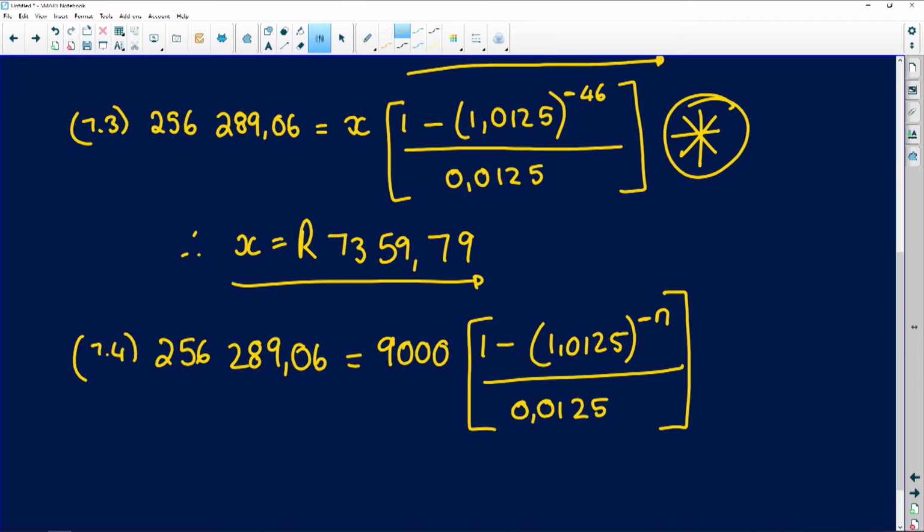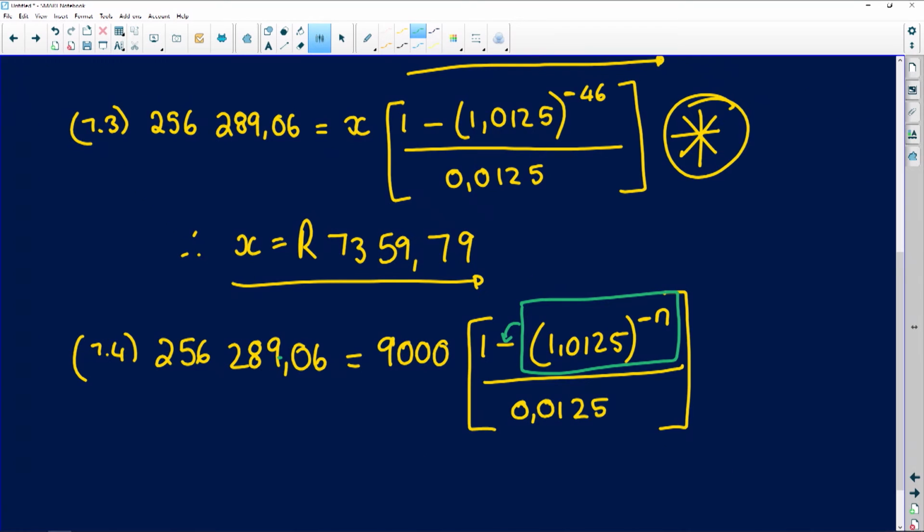We now have to get this term by itself, possibly with the negative going along by itself. How am I going to do that? I'm going to take the right-hand side, divide it by 9,000, multiply by 0.0125 and subtract 1. That divides into this. Then I multiply that across, and then I throw the minus 1 over.